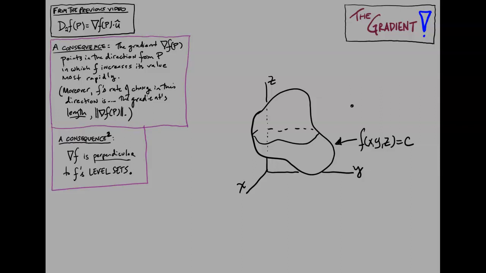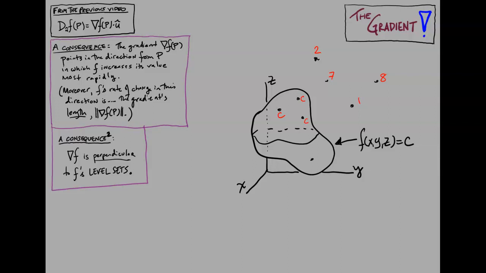Remember, at every point in three-dimensional space, this function sends those points to particular values, particular scalars, maybe something like this. At any rate, every point on this surface gets mapped to the same place, namely to whatever constant this is. So if this is going to go to c, this is going to go to c, this is going to go to c.